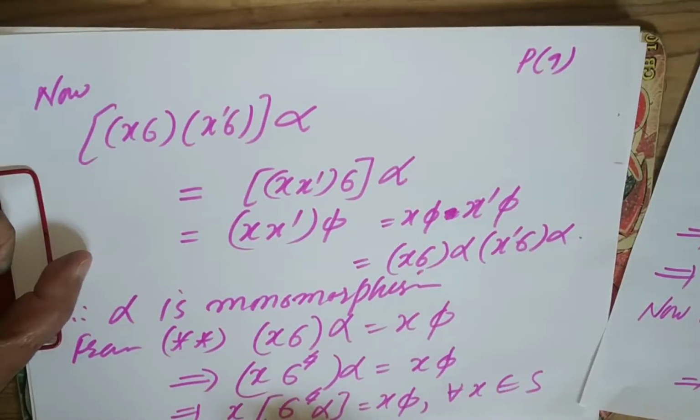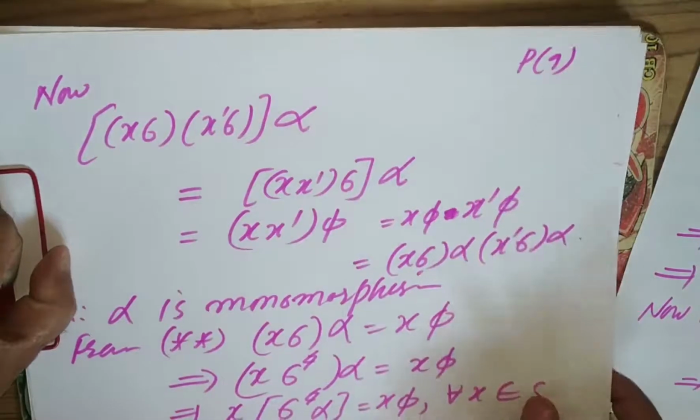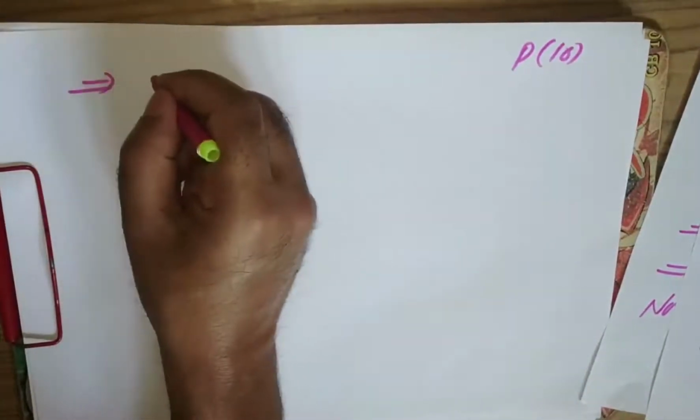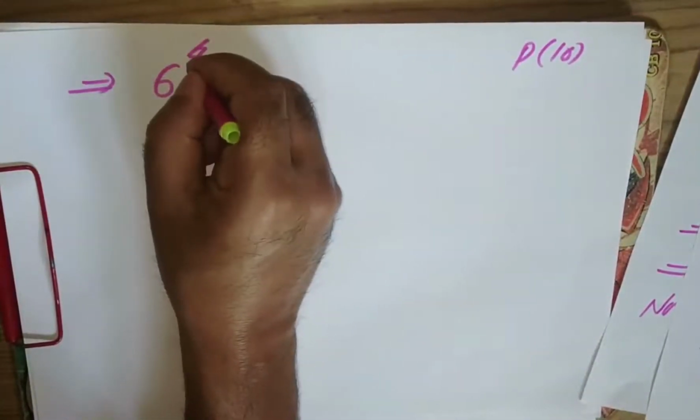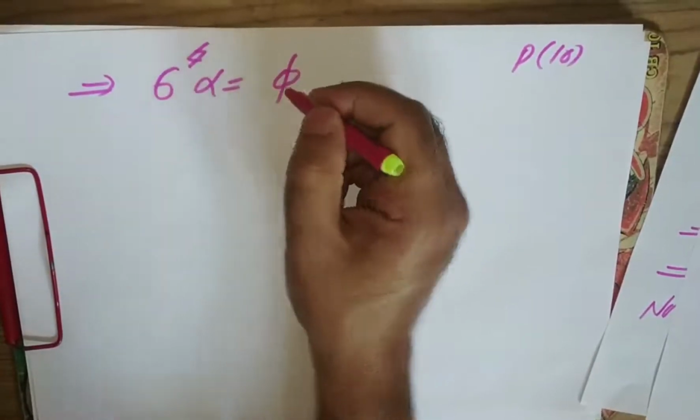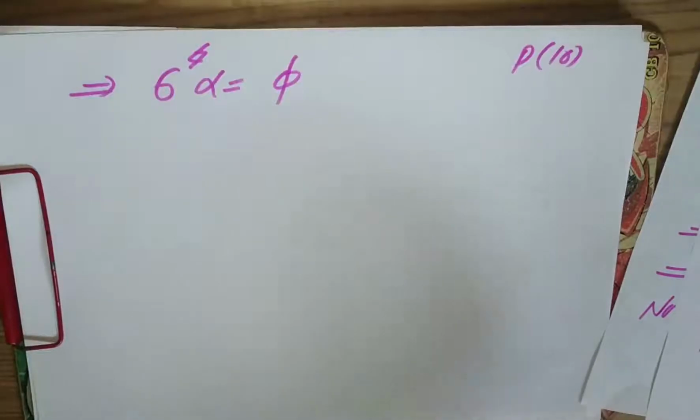That means sigma natural alpha is equal to phi. So this implies sigma natural alpha is equal to phi.